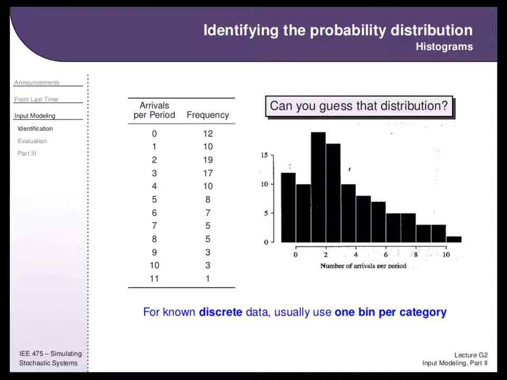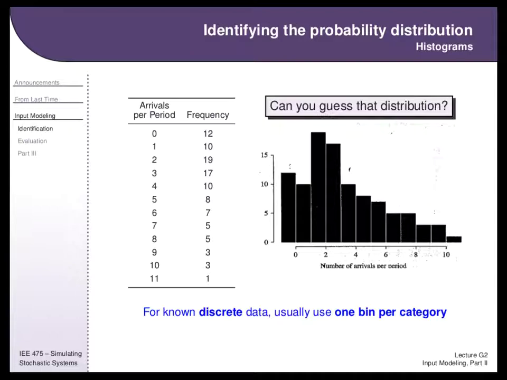And there was one interval that had 11 arrivals. But the outcome that was most frequent was 2 arrivals in a time period, and that happened in 19 of the time periods. So here I have discrete data, and so I want my histogram to be centered on every outcome. And so that's the 2 rules.